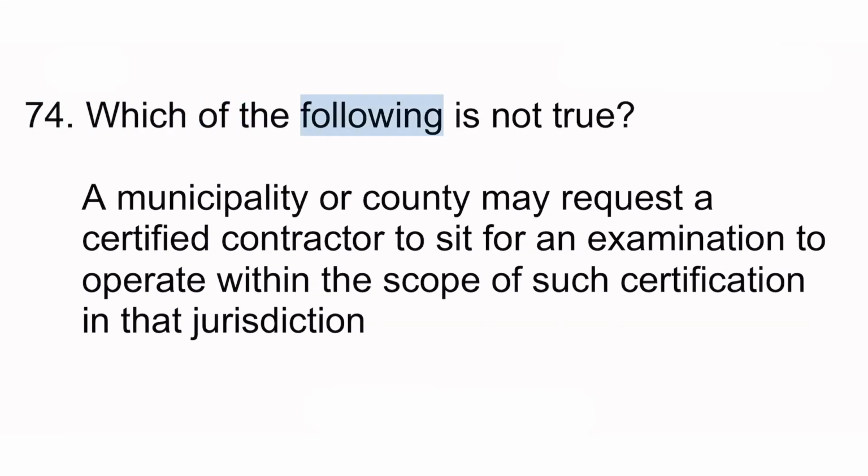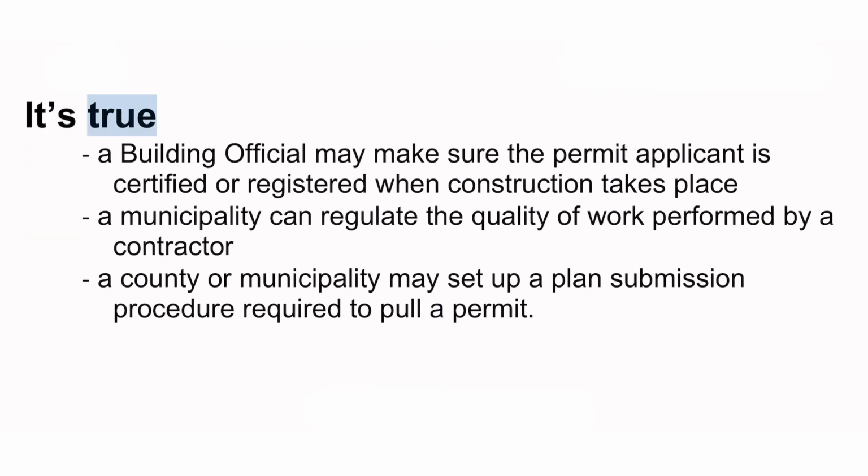74. Which of the following is not true? A municipality or county may request a certified contractor to sit for an examination to operate within the scope of such certification in that jurisdiction. It's true. A building official may make sure the permit applicant is certified or registered when construction takes place.